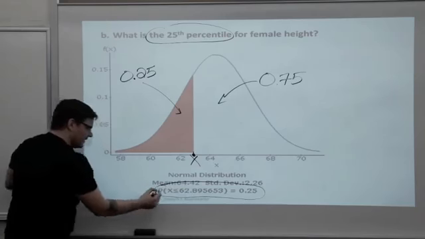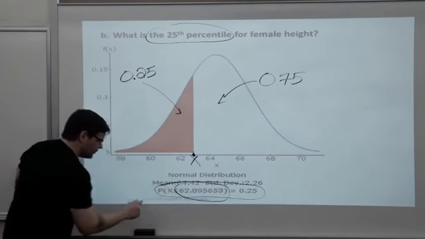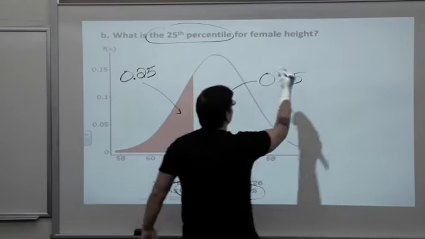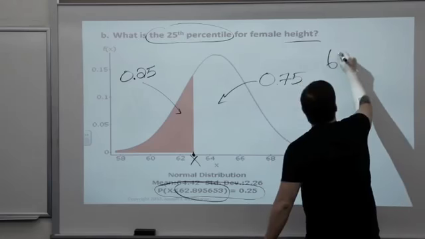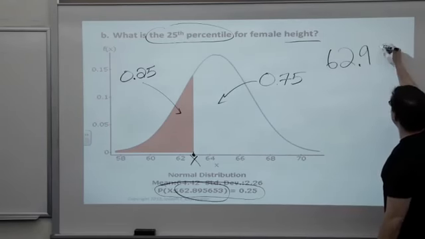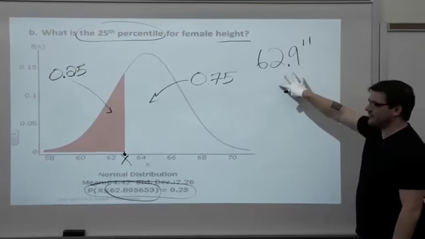It's down here. And the answer is not 0.25. The answer is 62.89 and so on. All right, so what's the 25th percentile for height? About 62.9 inches. It's a little bit under 5'3".